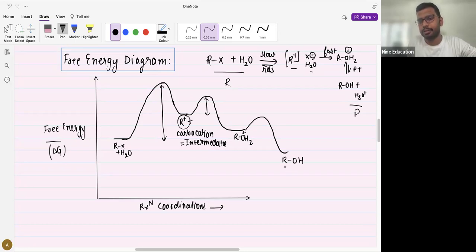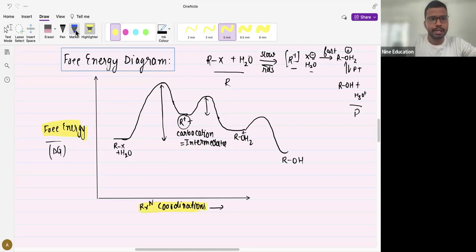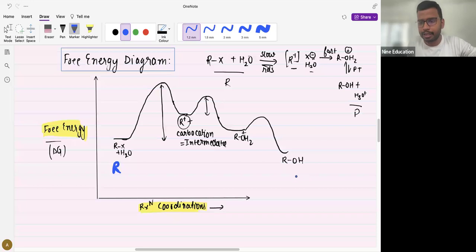So in this reaction mechanism, in this free energy diagram, this shows us that in the starting, if I have these reactants, it is converting to our products, ROH.